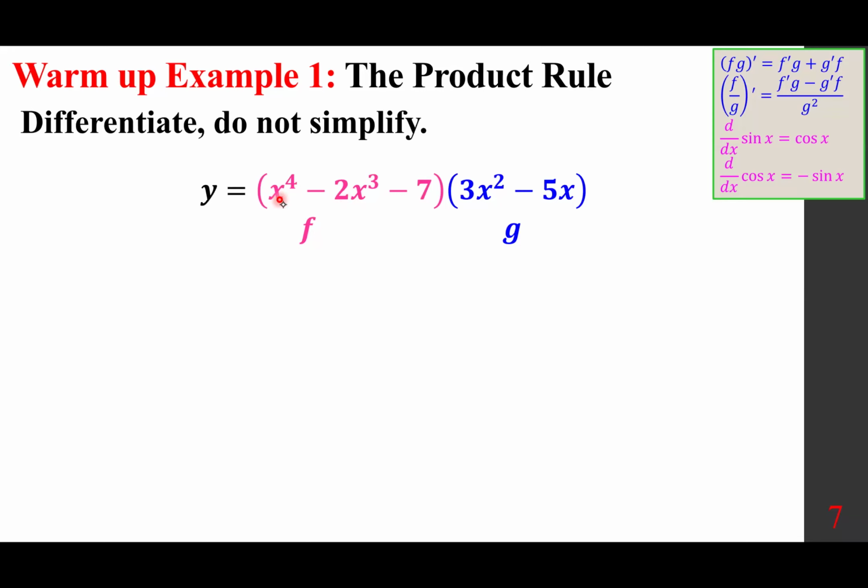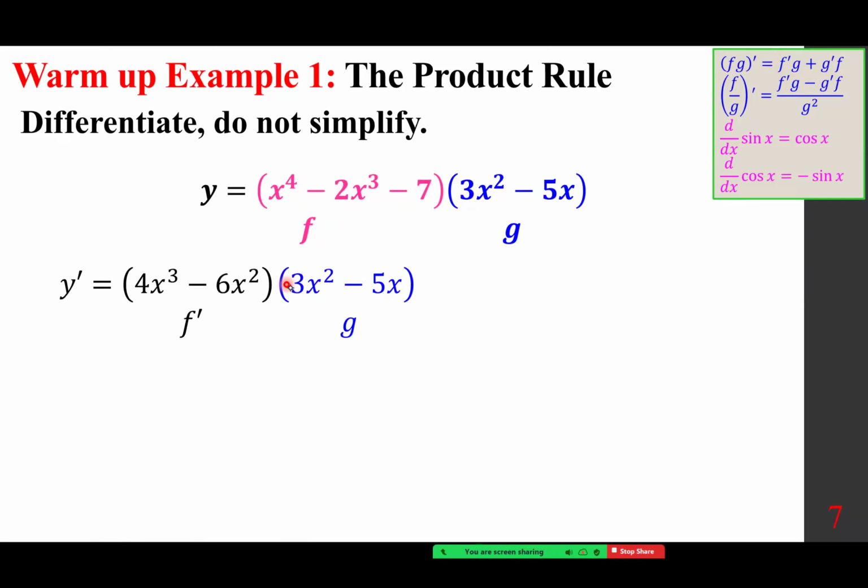So let's start with this. The derivative of the red function is 4x cubed minus 6x squared. This is a number. You don't have to worry about it. So this is f prime times g. Just write the second parenthesis without making any changes. Plus g prime. So we want to differentiate this.